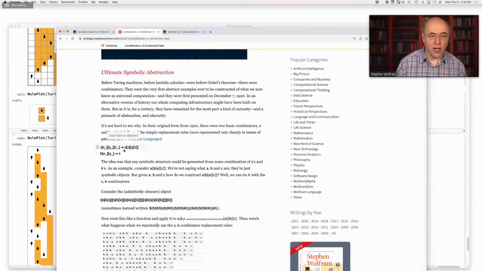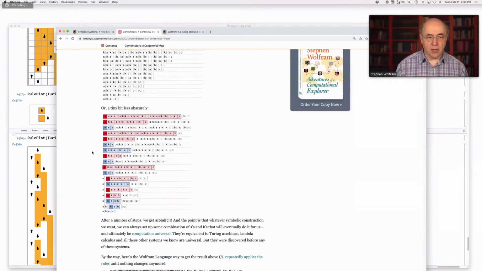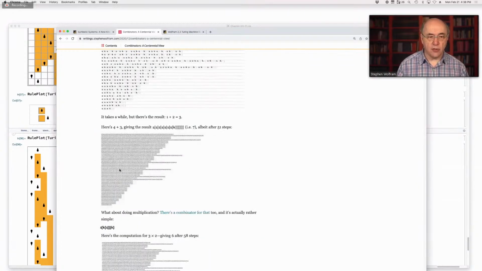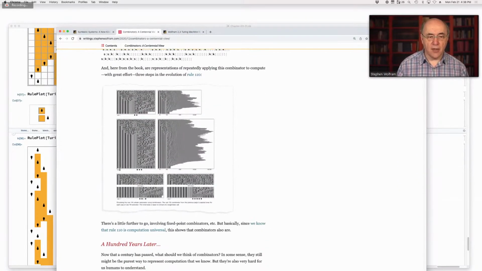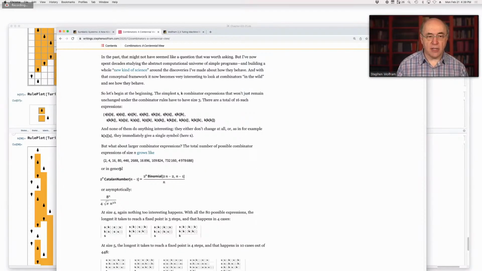S of x, y, z goes to x of z, y of z, k of x, y goes to x. And one of the big issues is, well, you do these different kinds of rewritings, but what order do you do the rewriting in? And that is a very complicated question. And that leads us into multi-way systems and so on.